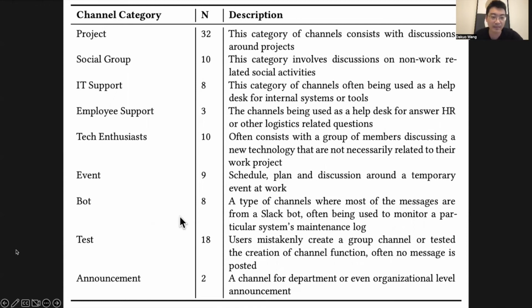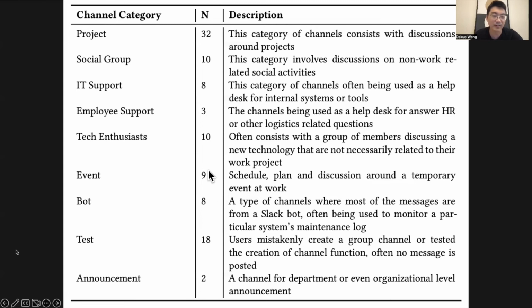When you look at some other channels, there's only a chatbot posting messages, and all the other users are only subscribing to those messages. These kinds of channels are primarily used for IT service or particular systems maintenance logs for monitoring purposes.